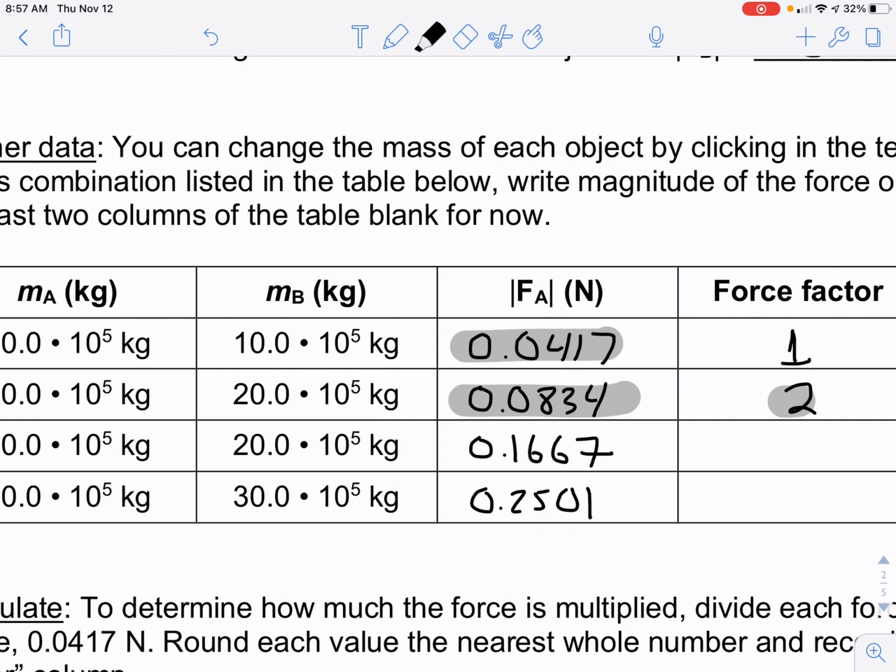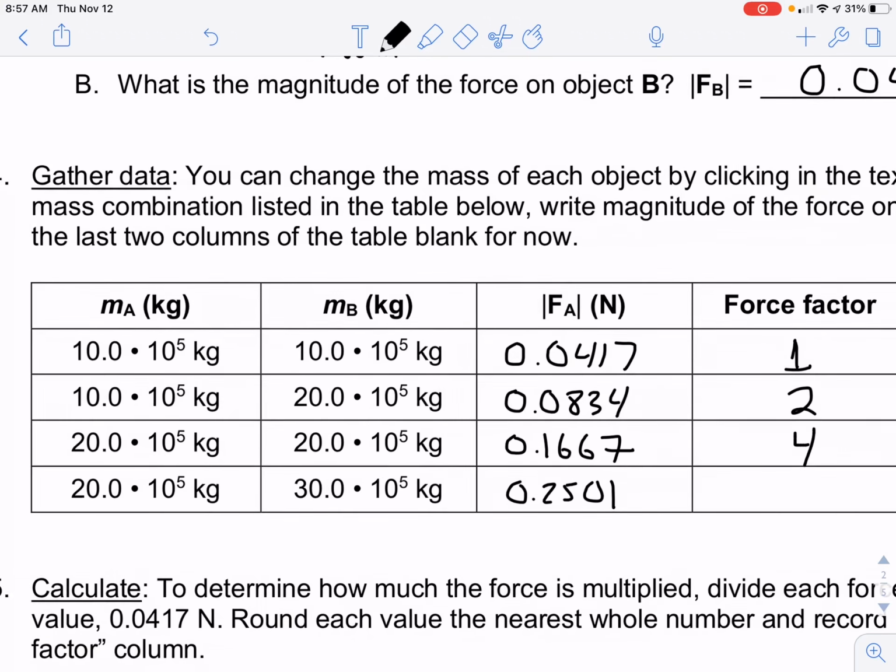It tells you that 0.0834 is double the first force value. And so for each trial, take the new force and divide it by the original force. And we can see that when we do that, we get a force factor of 4.